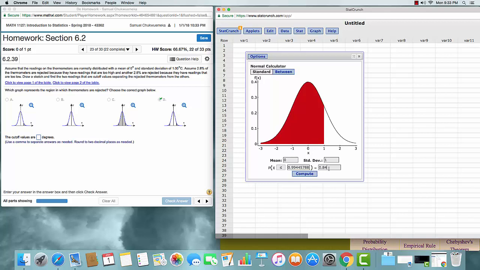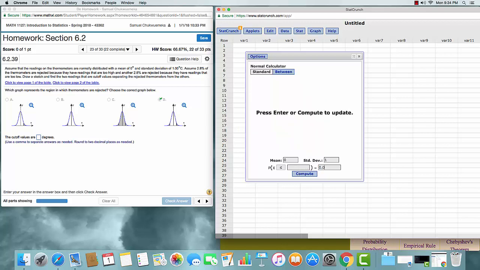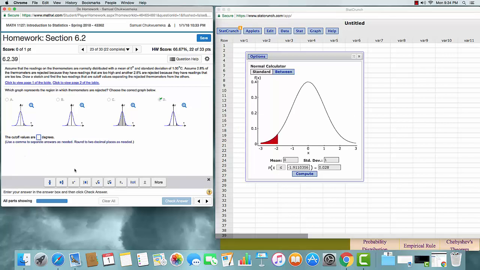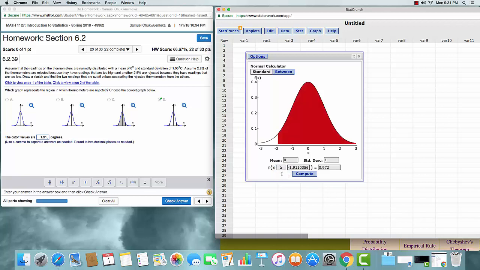Standard, we put 2.8%, which is 0.028. Enter. So the first z-score is negative 1.91, comma, and of course the other one will be 1.91, because the normal distribution curve is symmetrical.